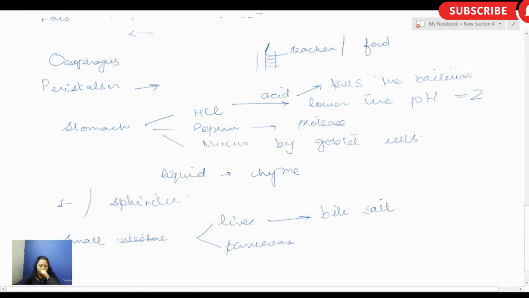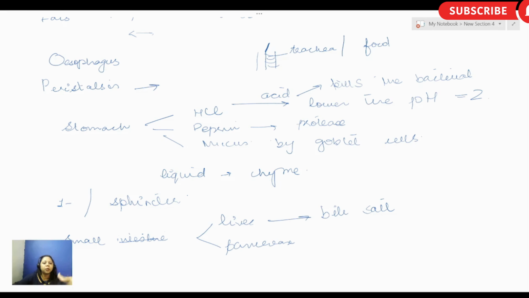What is bile? Okay, it contains a salt that increases the pH. Now the pH of the intestine is around 8. When food moves from the stomach to the intestine, the enzyme protease, which is acting on proteins, is no longer active.